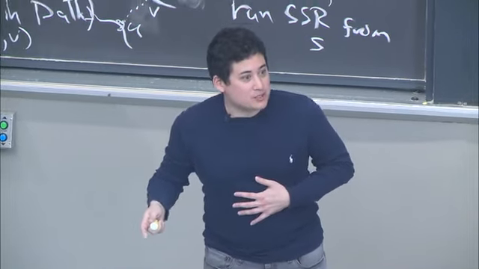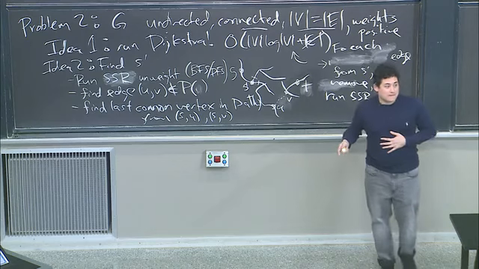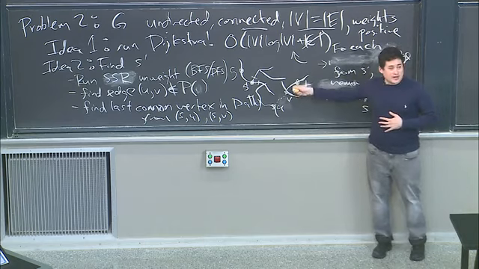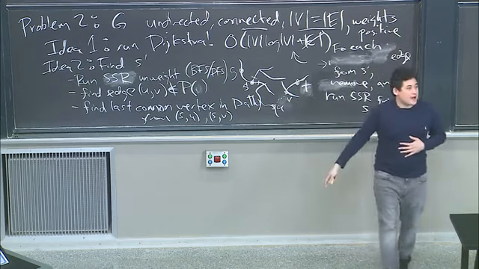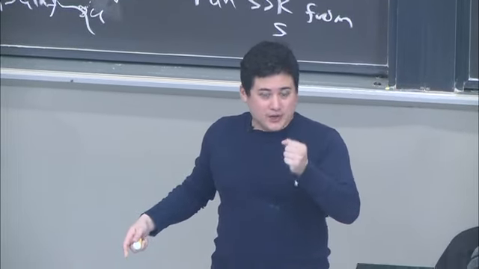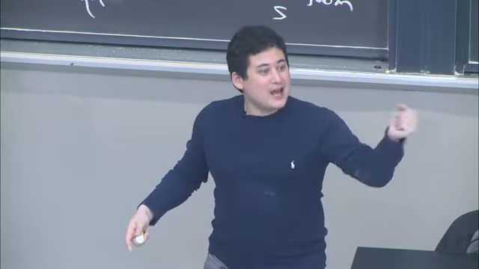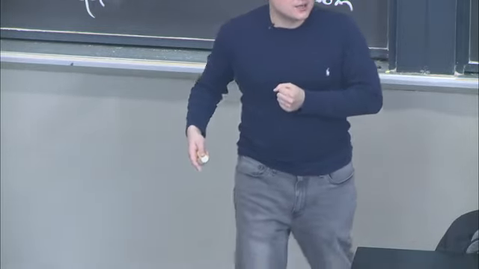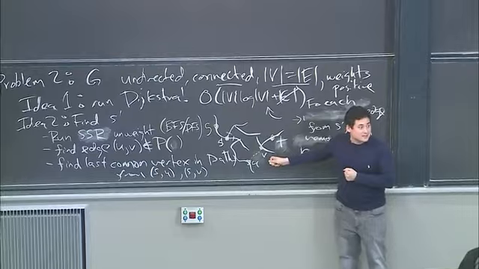How many possibilities would that be? You get a blow up of the degree of every vertex in my graph, the degrees multiplied by each other. That's the number of times I would have to run DFS, which is exponential, right?